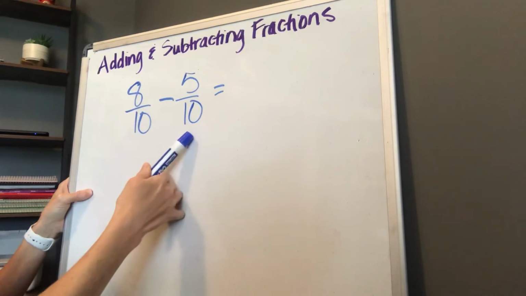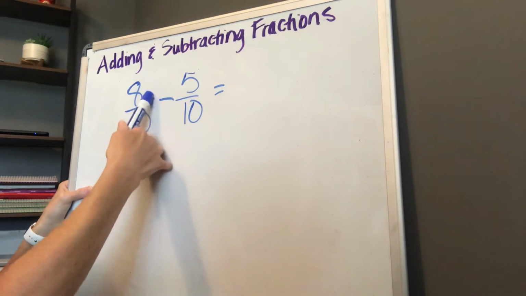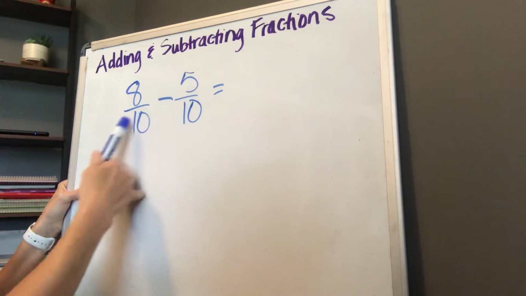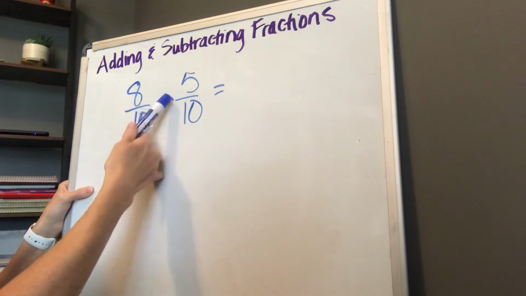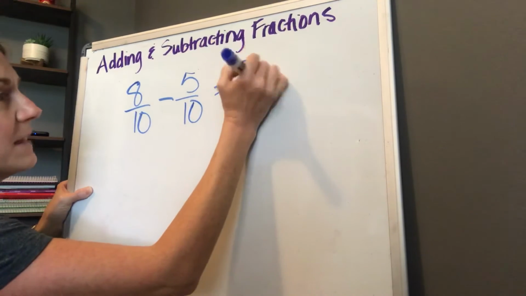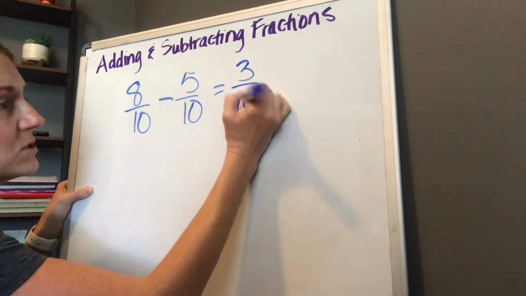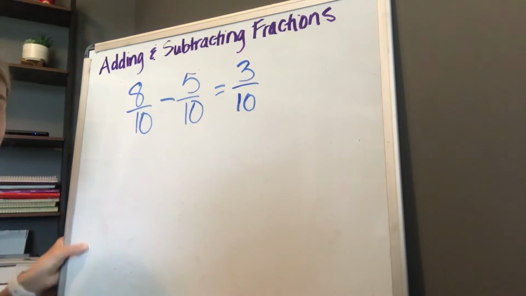My denominators are the same, so all I have to do is subtract my numerators. And since 8 is bigger than 5, I can simply say, what is 8 minus 5? And that's 3. So my answer is 3/10.